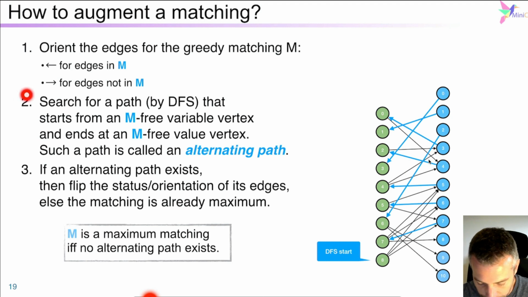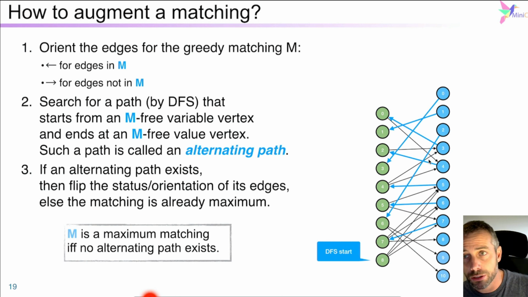Then I will start here from an M3 node vertex, this one, for instance, and I will use a depth first search, okay? By construction of the way I have oriented the edges, I know that the depth first search will only consider paths that are alternating between the blue edges and the black edges.